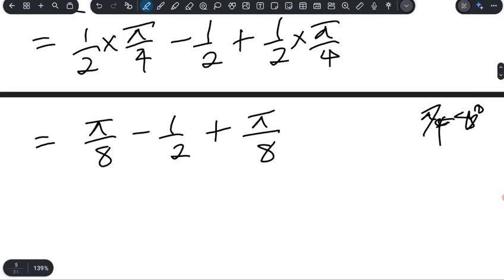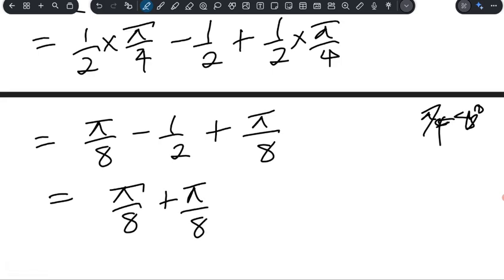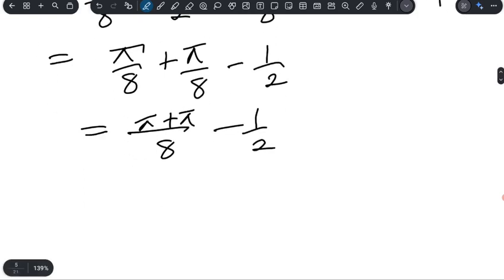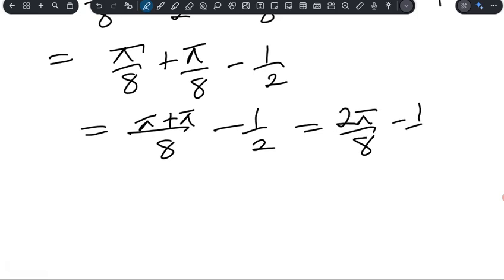Let's add it together to have pi over 8 plus pi over 8 minus 1 over 2. When we find the LCM, we have 8, pi plus pi, minus 1 over 2, which gives 2 pi over 8 minus 1 over 2.